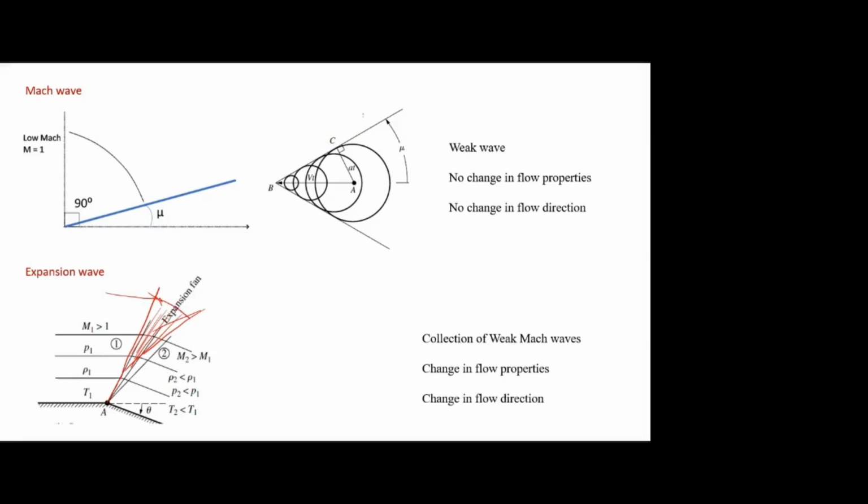So flow direction, if you see, will be a little bit curved. It is not just straight. Then again, it will be parallel to this wall. So because of this gradual change in property, here the flow is isentropic. There is no stagnation pressure loss. Even if it is there, it is negligible. Okay, so we are assuming the P naught is constant for the expansion fan.